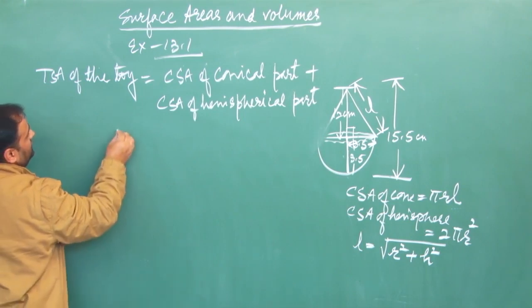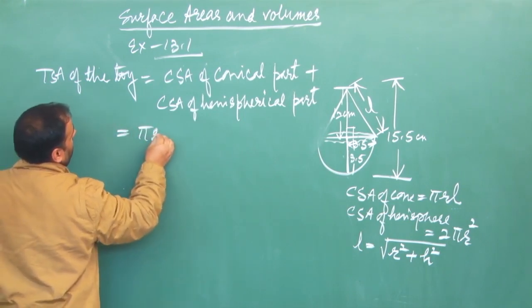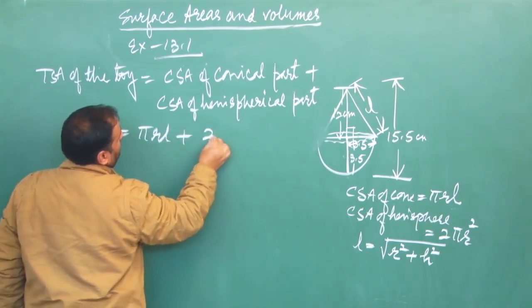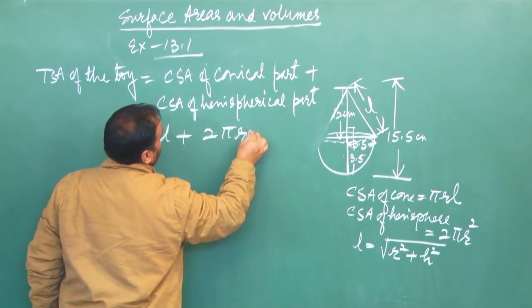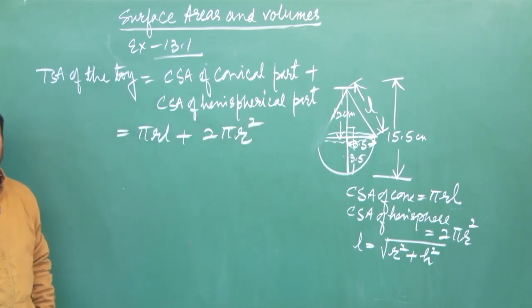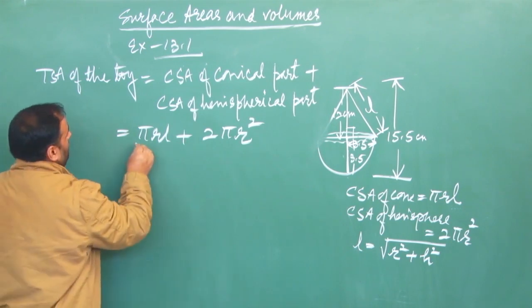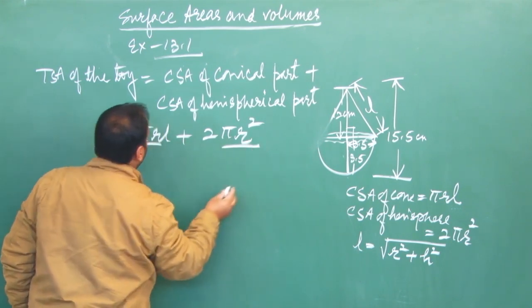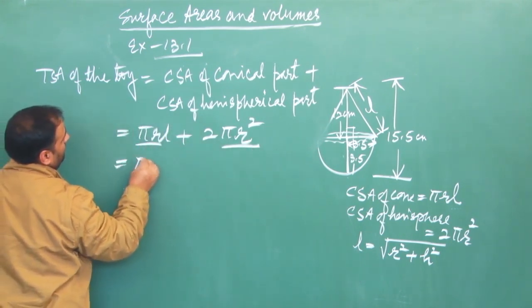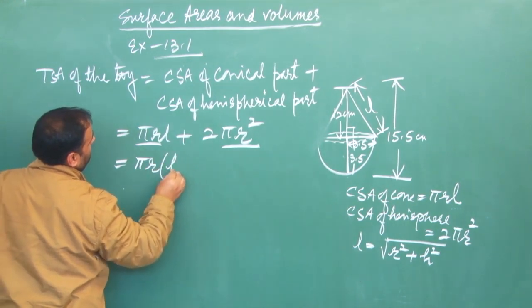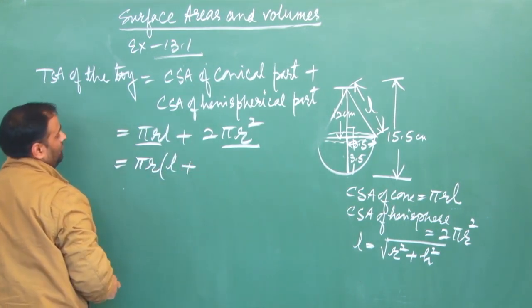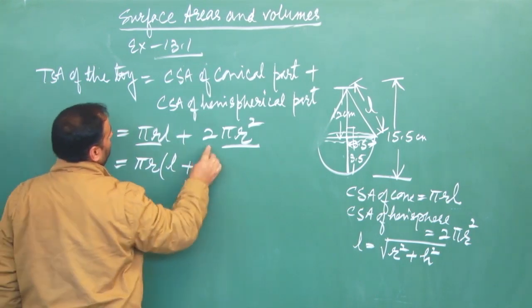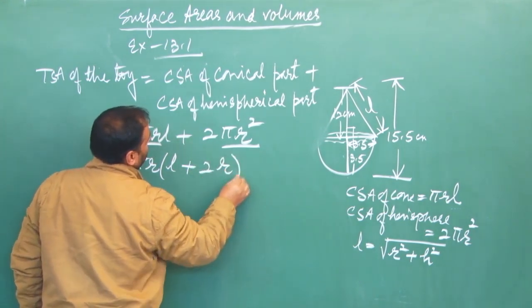Now the curved surface area of the conical part is pi r L, and the curved surface area of the hemispherical part is 2 pi r square. Between the two, pi r is common, and within the brackets remain those terms that are not common: L from the first, and 2 r from 2 pi r square.